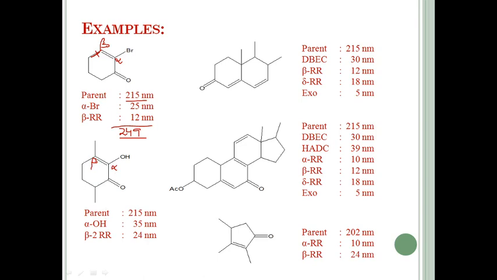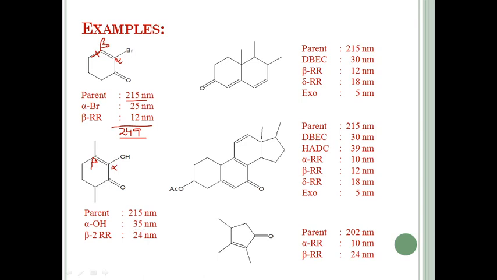So there is no extension of conjugation, we need not provide gamma portion and delta portion, there is only alpha and beta portions. At alpha portion you are having hydroxy substitution. Okay, alpha OH you have to give 35 nanometer increment.